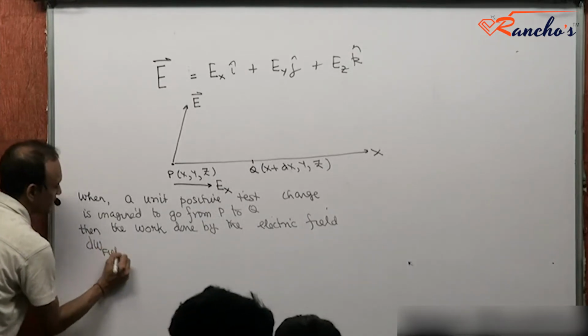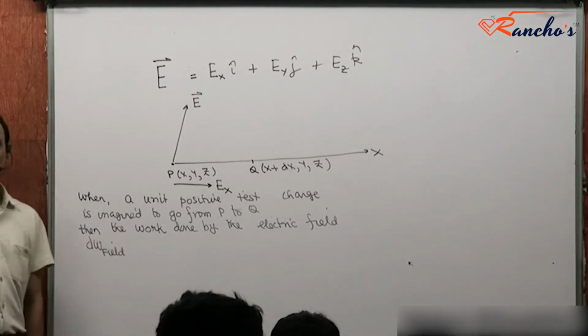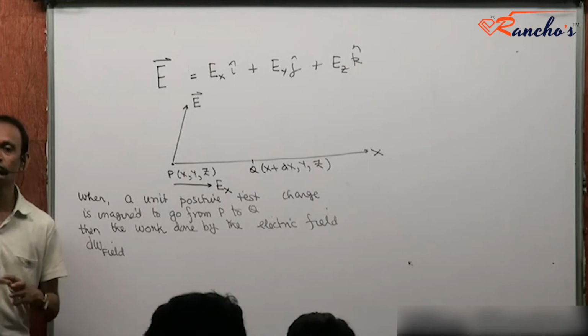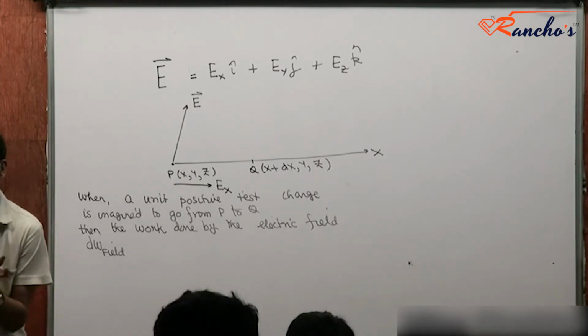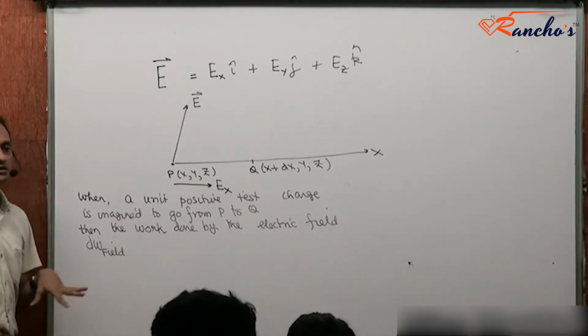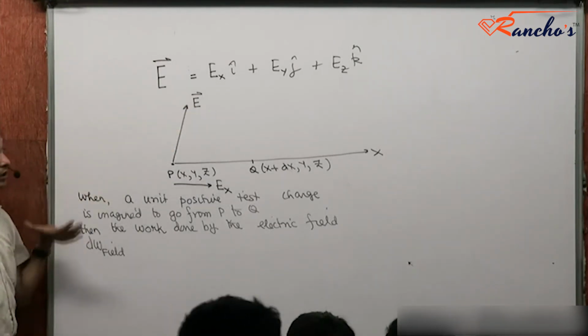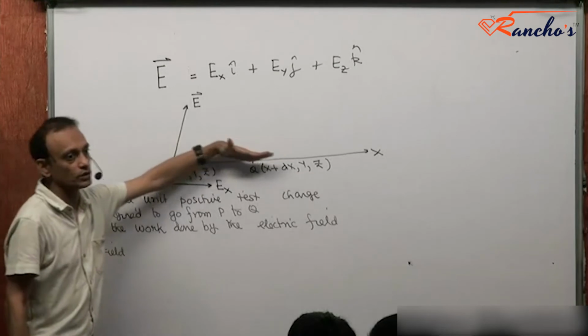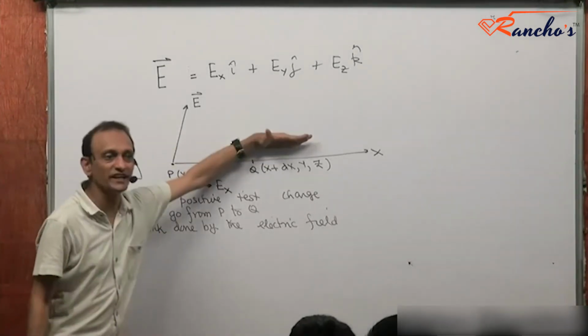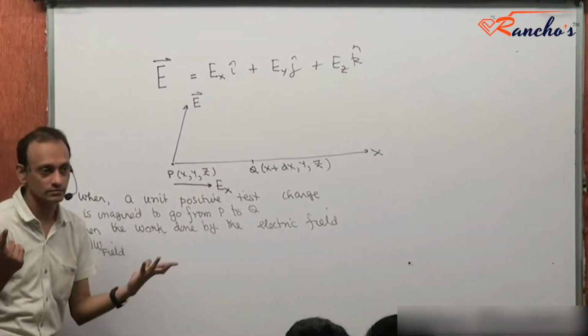When I say work done by the electric field, what does it mean? Work done by the forces of the electric field on a unit positive charge. What's the force on a unit positive charge? E. Now work done by a force is what? Component of the force in the direction of displacement into displacement.